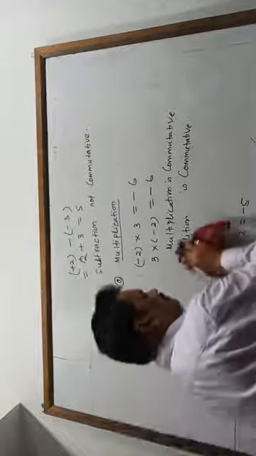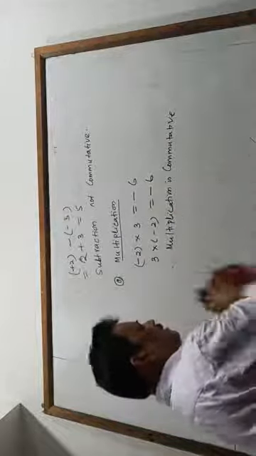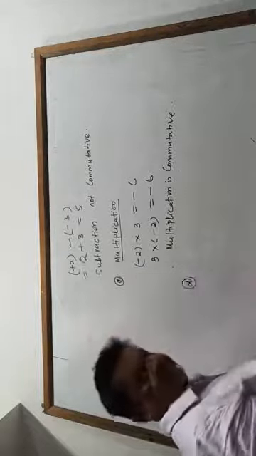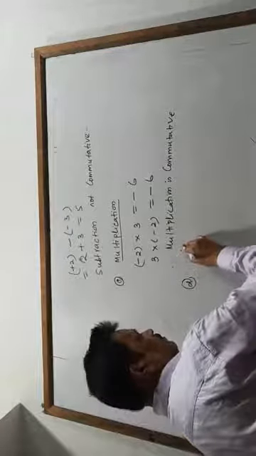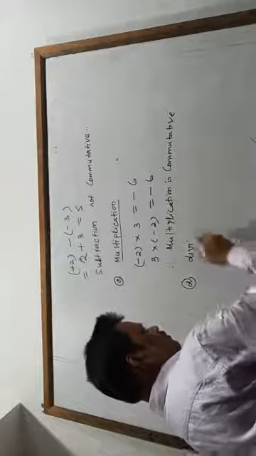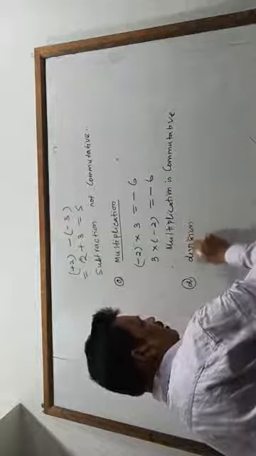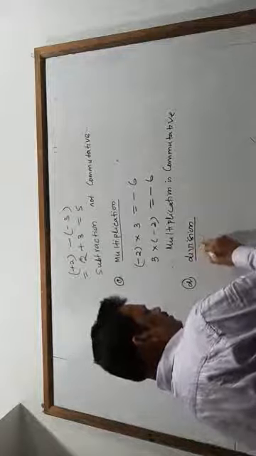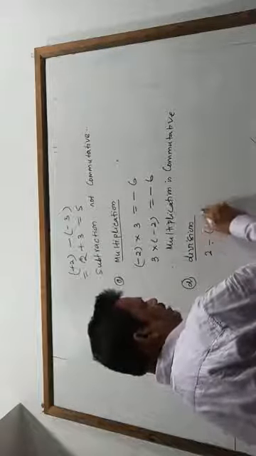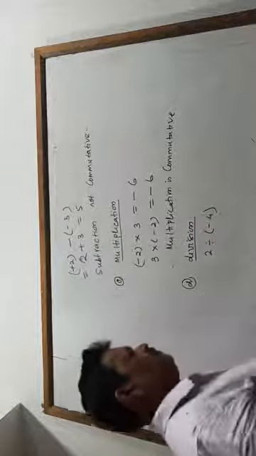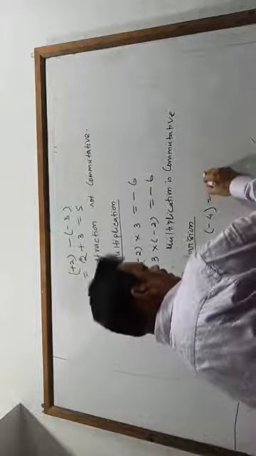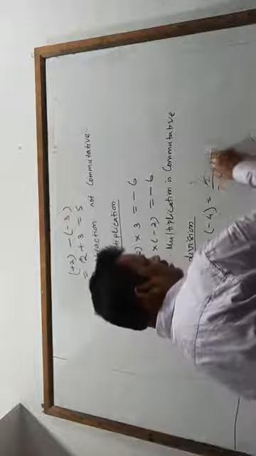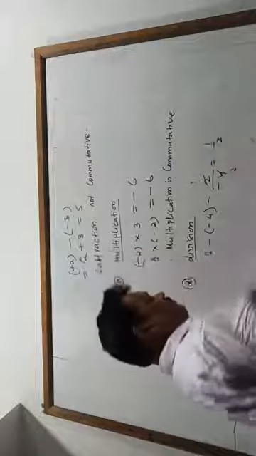Okay. Then you take division. Suppose 2 divided by minus 4. So how much will you get? 2 by minus 4. Cancel here. Minus 1 by 2.